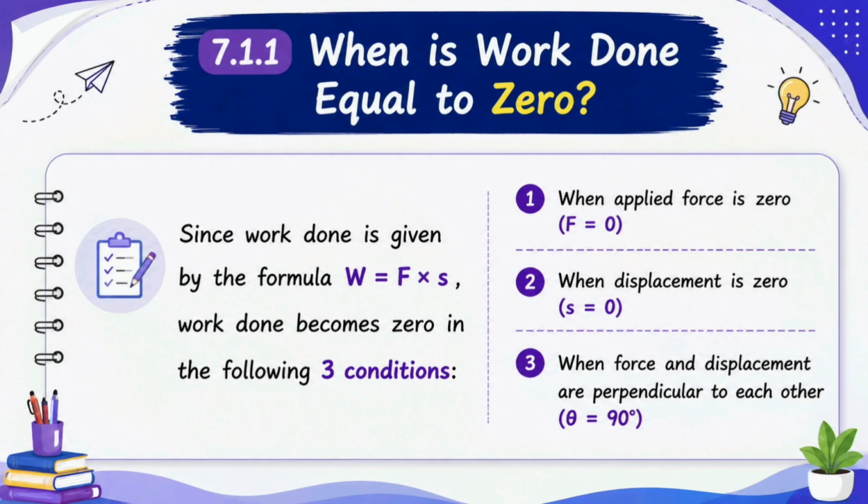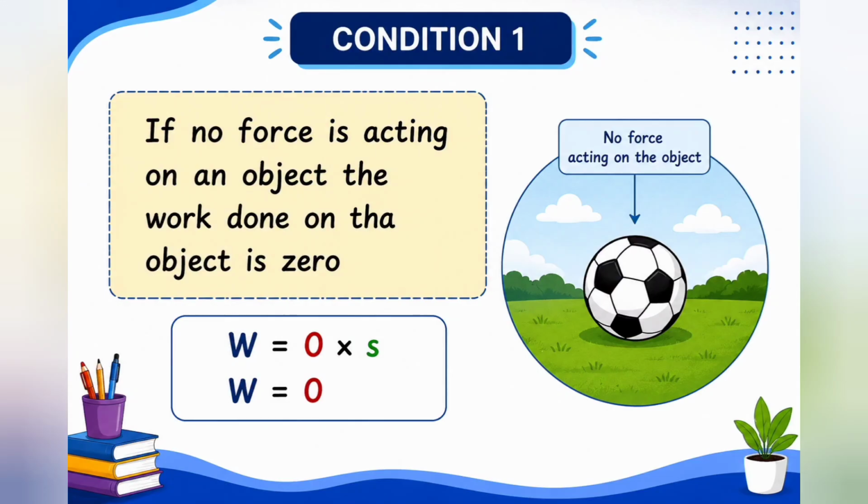Now let's understand 3 conditions one by one with simple examples. Now let's understand the first condition. If no force is acting on an object, then the work done is 0. Why? Because the formula is work done equal to force into displacement.